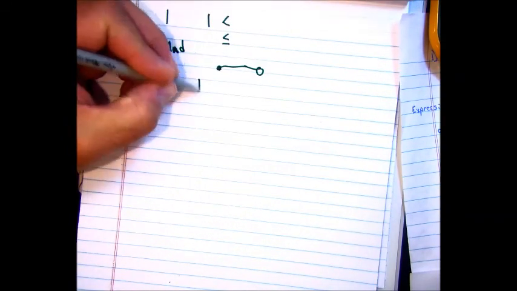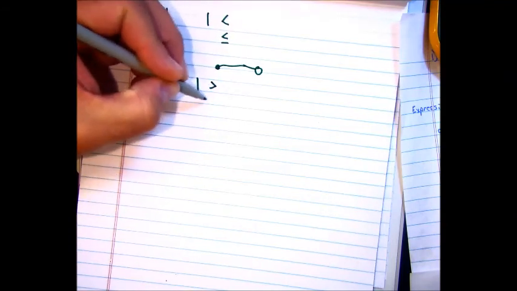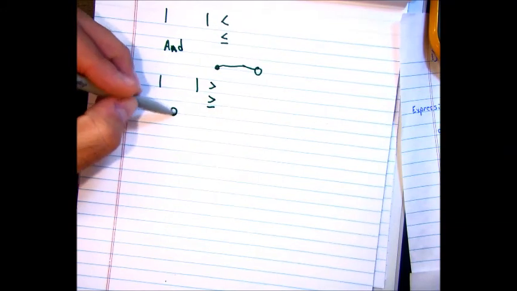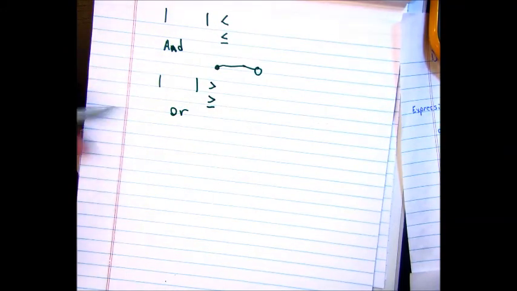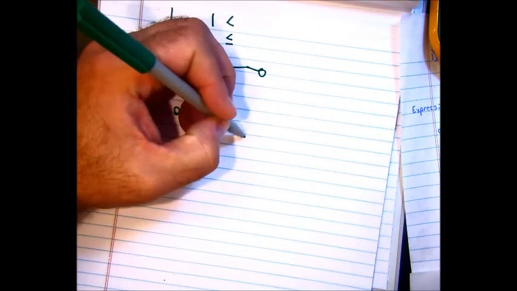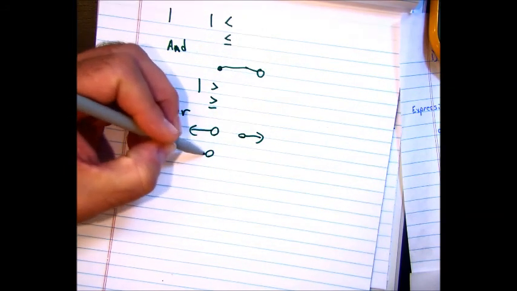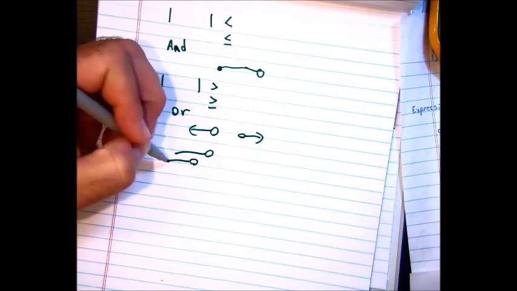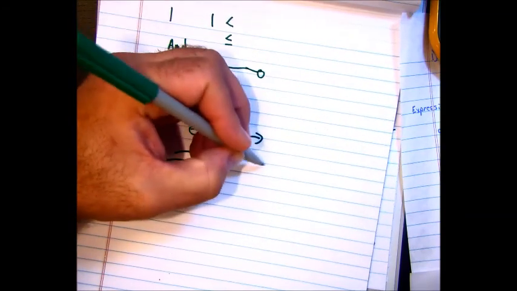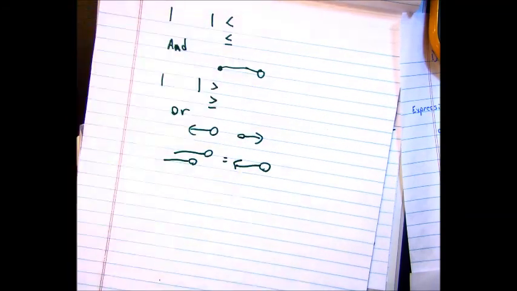If your absolute value problem when you start is greater than or equal to, these are your OR problems, which means your graph could look like this. Your graph could involve them overlapping and one being inside the other, so your answer would look like this.